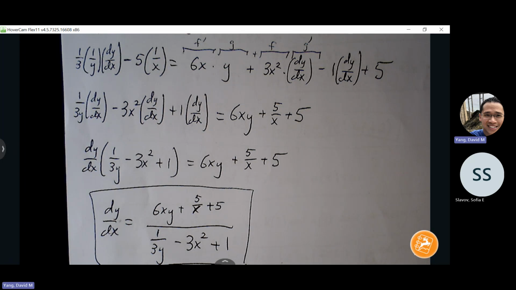Okay, any questions about the steps for this problem? Can you have the x and y variables back together at the end? 6xy, what about it? Oh, yeah, that's right. It's okay to have x's and y's in the equation. This is not log differentiation where we've got to bring the x back.